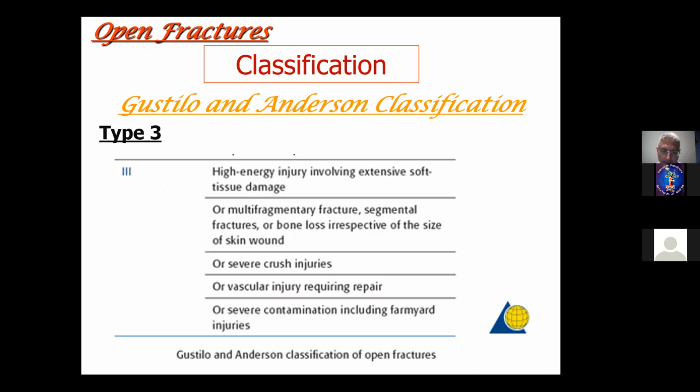So the size of the wound is not the main issue here, but the bone factor and the degree of soft tissue injury are factors. So extensive bone injuries, either multifragmentary, segmental, or bone loss, are considered type 3. Or severe crush injuries, or vascular injury requiring repair, or severe contamination. So even if we have a small wound and severe contamination from farmyard injuries, this is basically considered type 3.